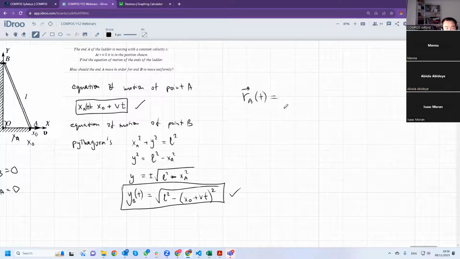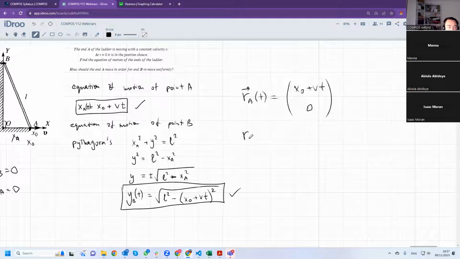The equation of motion is a vector, so it is x0 plus vt, 0.